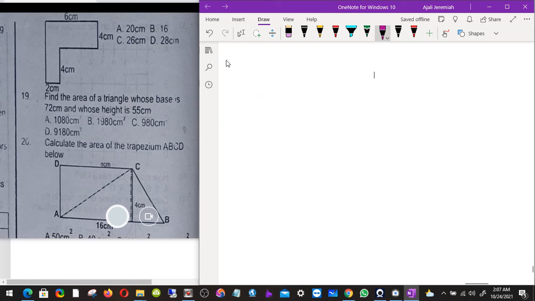Number 19, area of a triangle is half base times height. So that's half. The base is 72 and the height is 55.